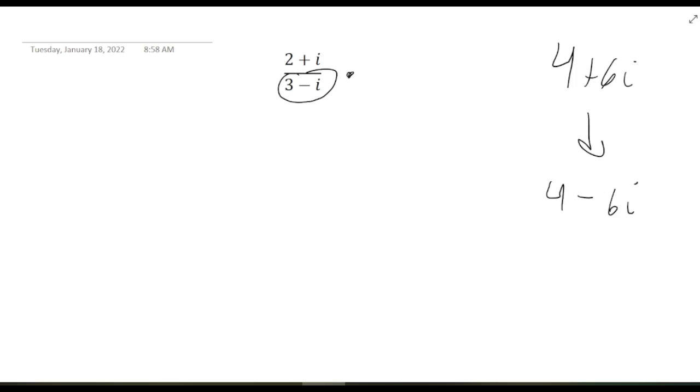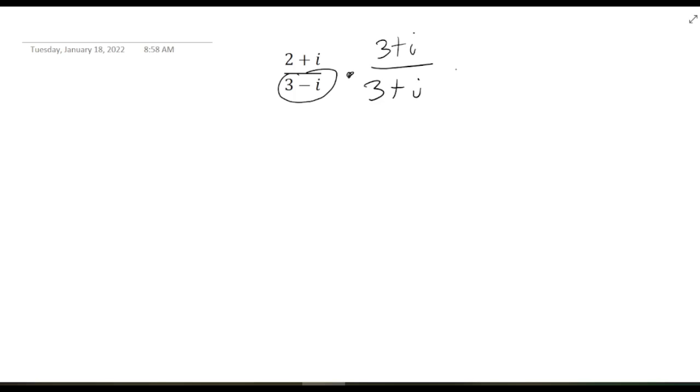It would become a negative. And same thing if we had a negative, this sign would flip and become a positive. And that's all the conjugate is. So we're going to take the conjugate. That's going to be 3, the middle sign flipped, plus i. And then 3 plus i.